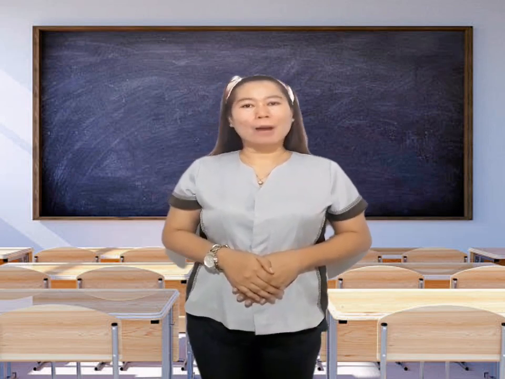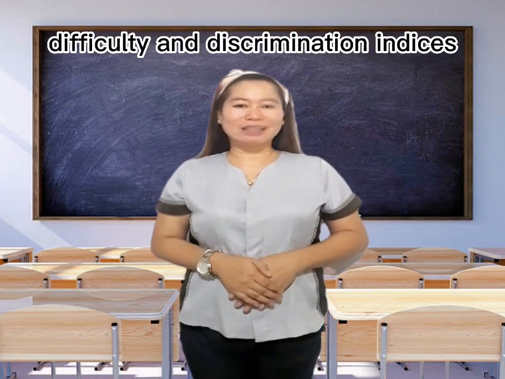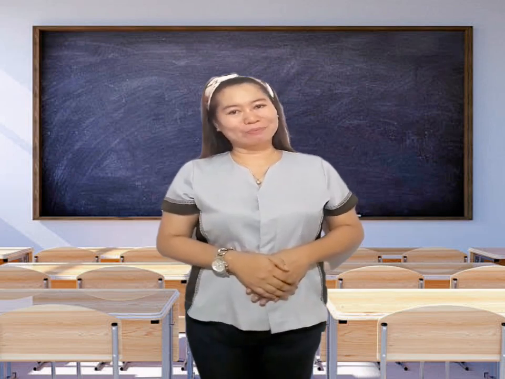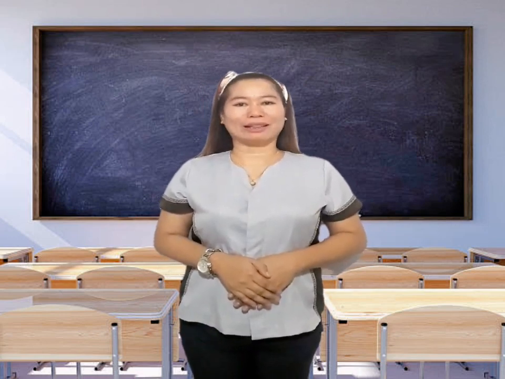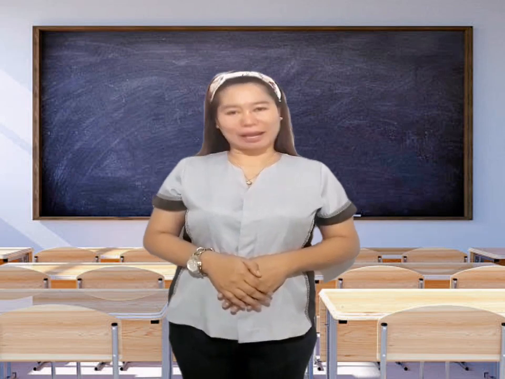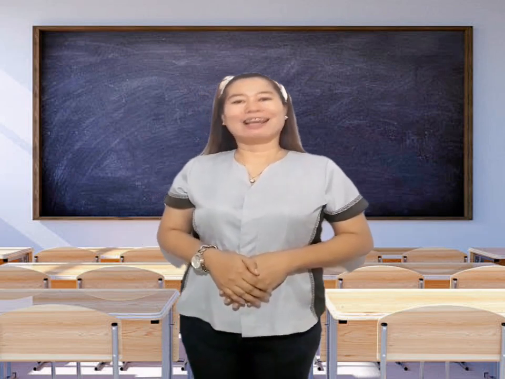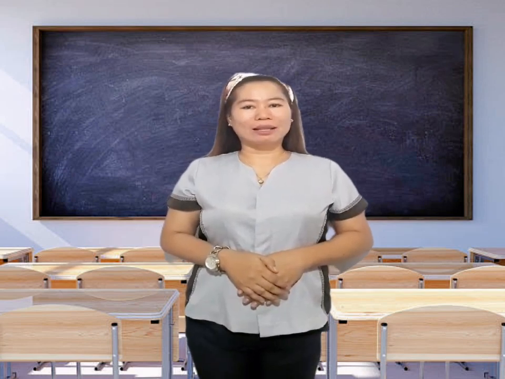This is done by getting the difficulty and discrimination indices of the research instrument. Difficulty index pertains to the proportion of students who answer the test item correctly. Discrimination index refers to how well an assessment differentiates between high and low scorers.